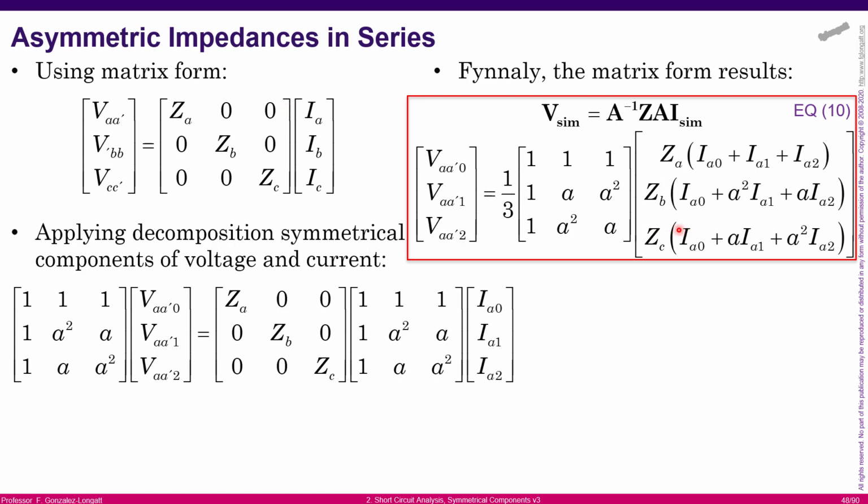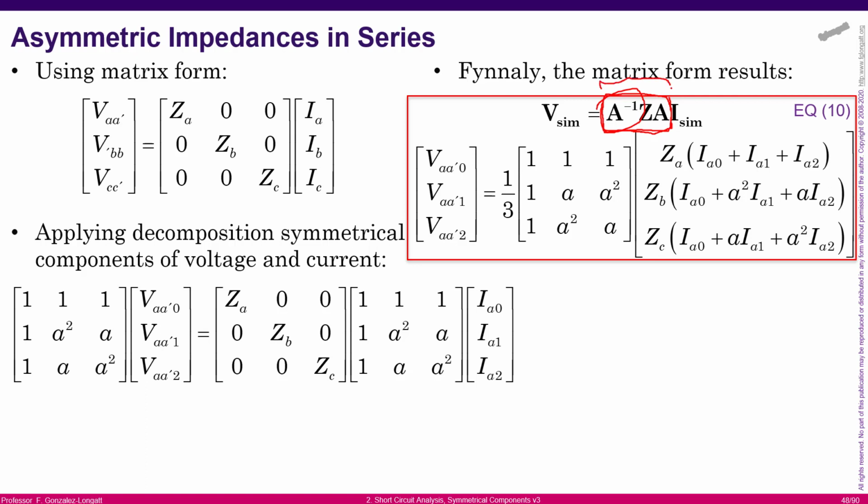Then what we need to do is something quite simple. If we multiply by the inverse of matrix A, well, we can define here at the very beginning of this expression something that is extremely helpful, okay?